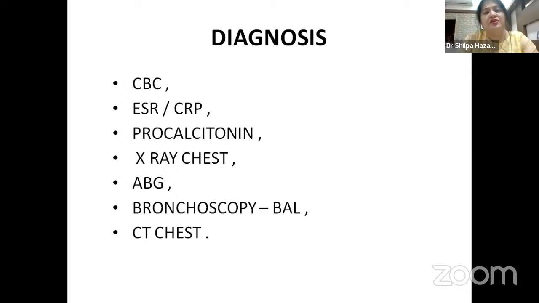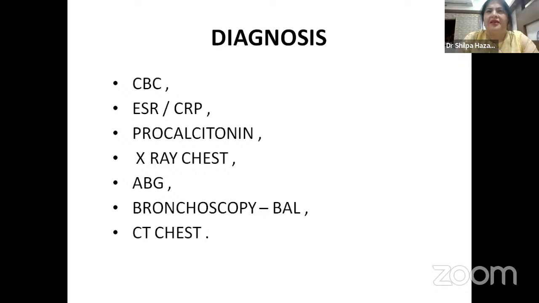If there is a significantly increased oxygen gradient, then you have to be prepared that this child may deteriorate and may need ventilation. So a child who is having respiratory distress, one needs to monitor by doing ABG of that child.